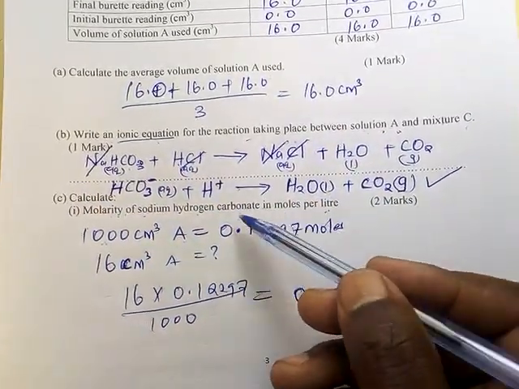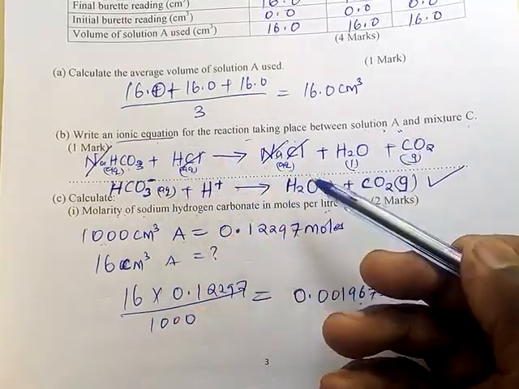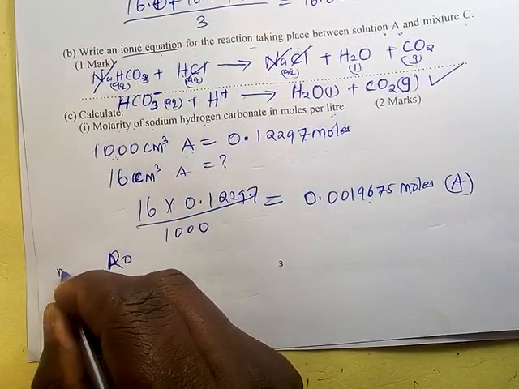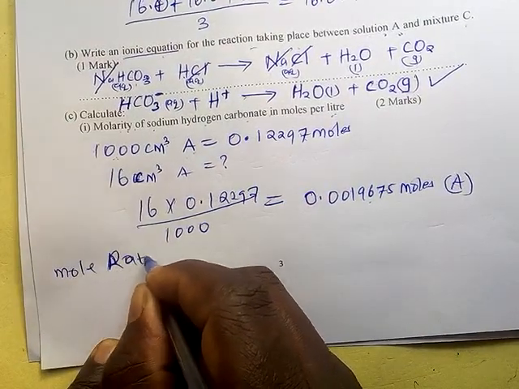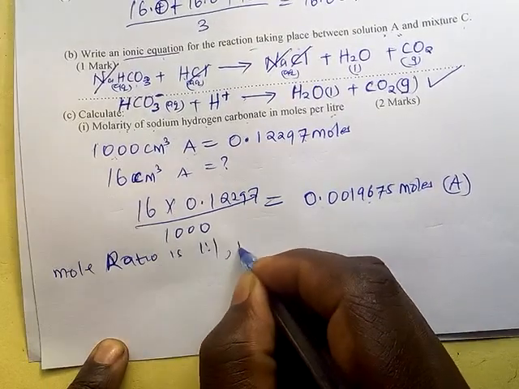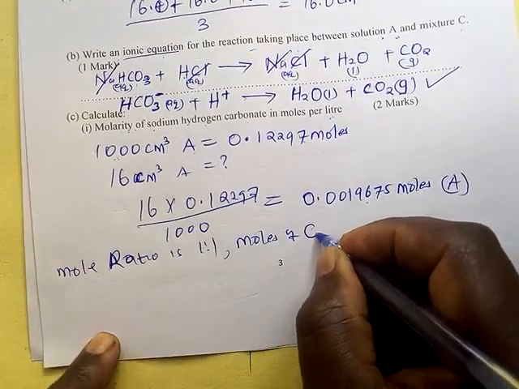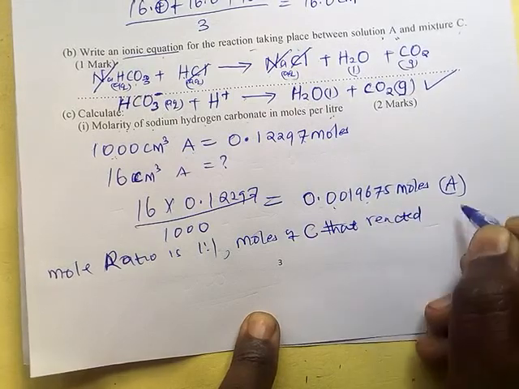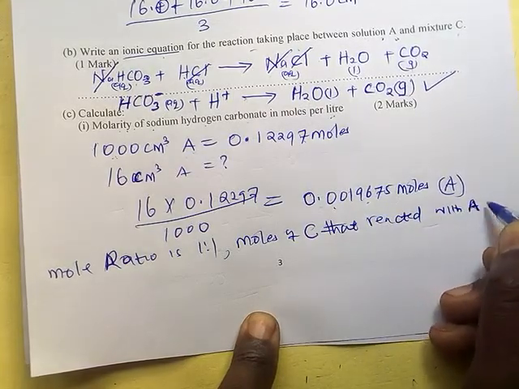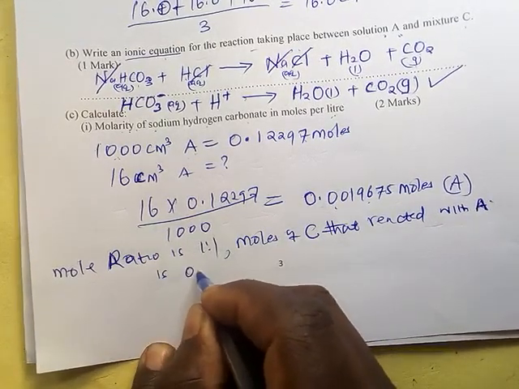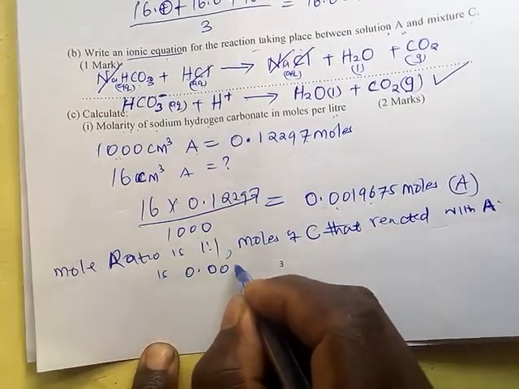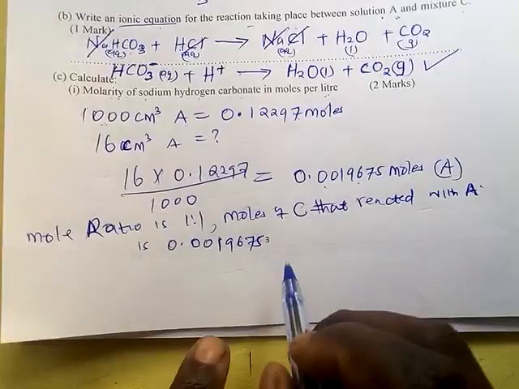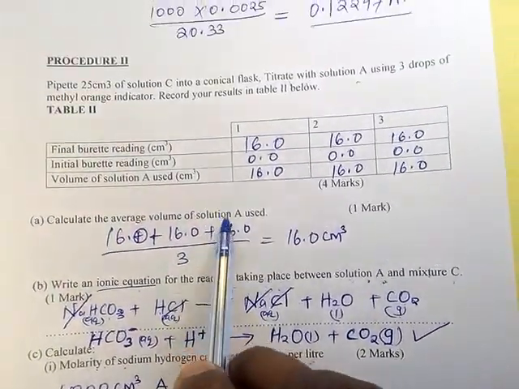It means that the number of moles of C that reacted with A is the same, 0.19675. So now we have the number of moles of solution A.